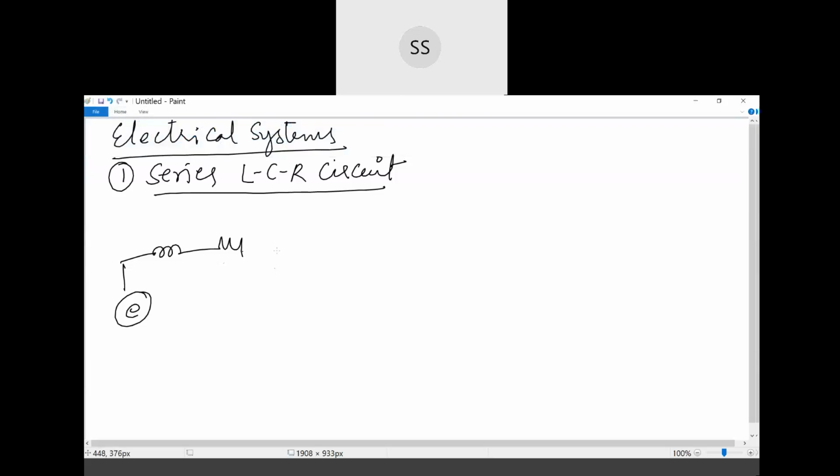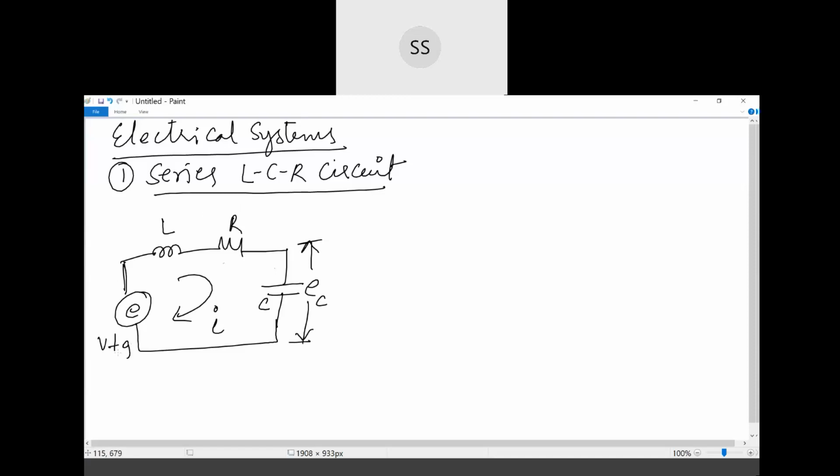I'm writing a capacitor here. E represents the input voltage source. Here we have the L, R, and C components, and it is a single loop circuit with a current I. EC represents the voltage drop across the capacitor, and E represents the voltage source. So it is a simple series circuit.